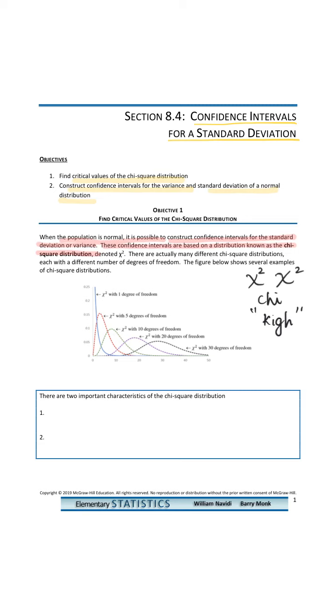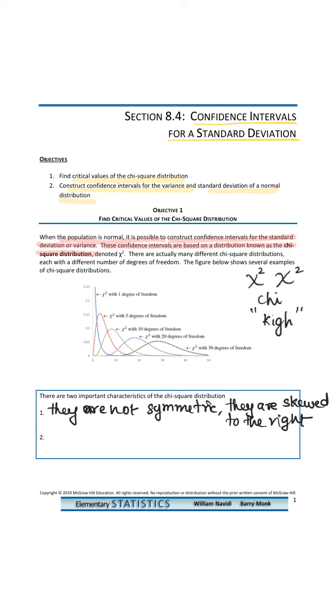They are skewed to the right. And second, the values are always greater than or equal to 0. That means they are never negative.